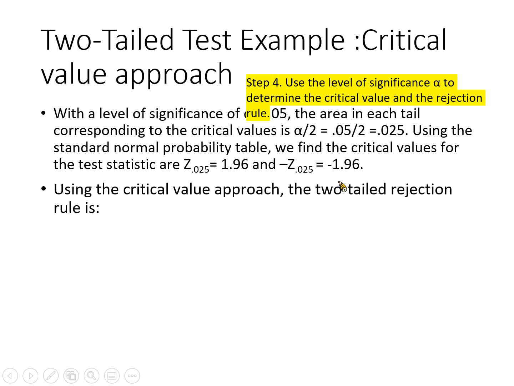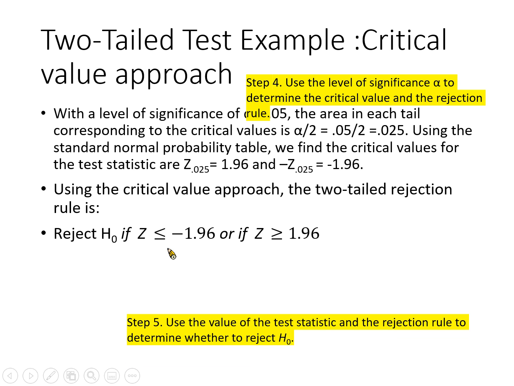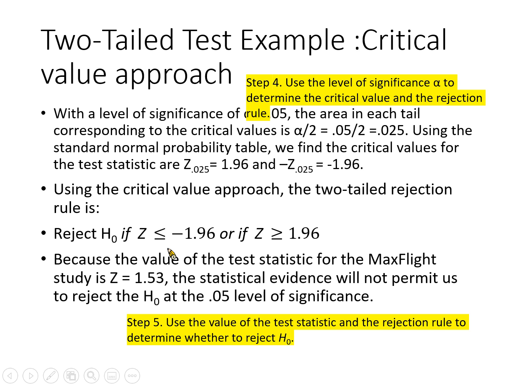So here, if you use the critical value approach for the two-tailed test, the rejection rule would be z-value larger than or equal to 1.96, or less than or equal to negative 1.96. So you will find, when you calculate the z-value from your test statistic, it's 1.53.